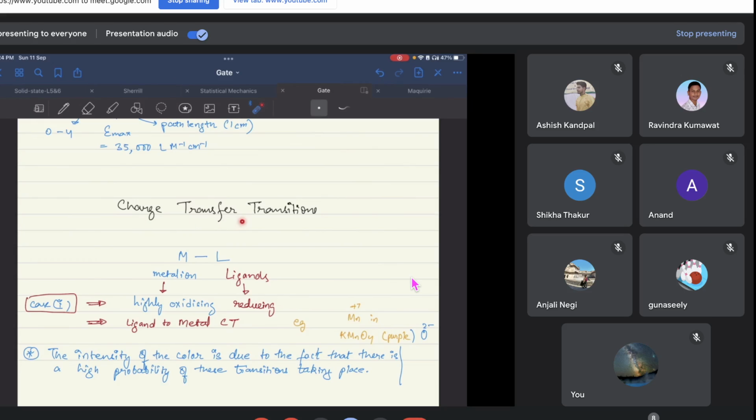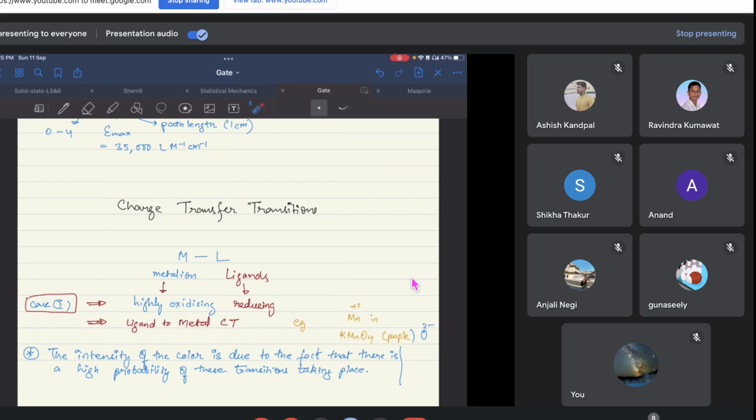So the charge transfer transition, particularly the LMCT, is between the metal orbitals and the ligand orbitals. When the metal ion is in a highly oxidizing state and my ligand is in a reducing state, this case is referred to as ligand to metal charge transfer.